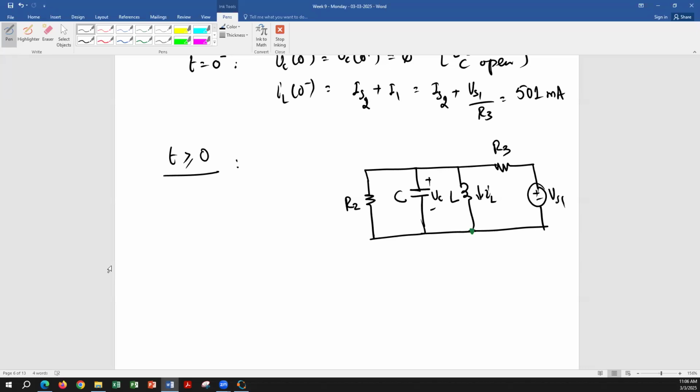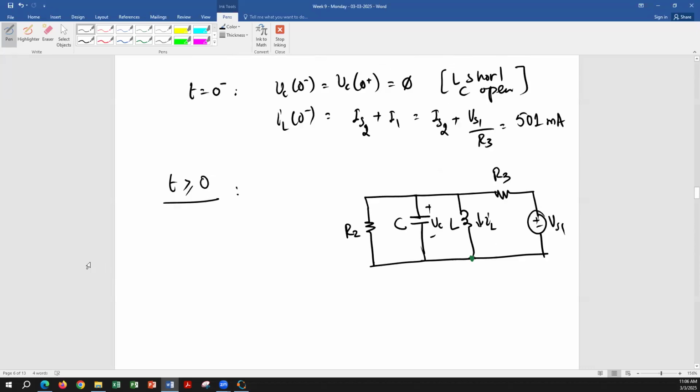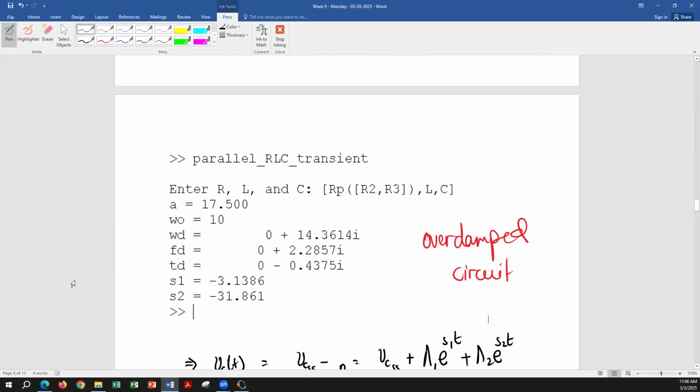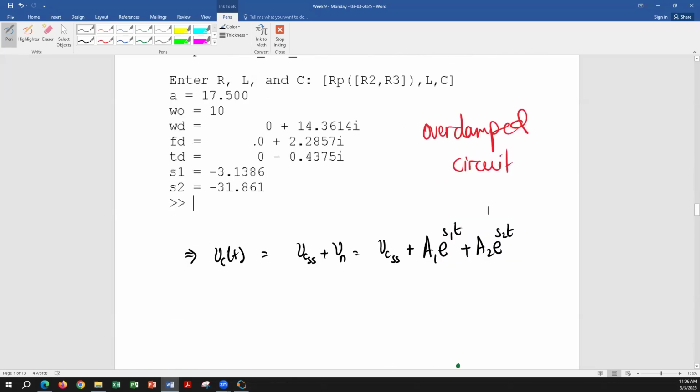Steady state value means the capacitor is open, the inductor is short. Inductor short means the capacitor voltage is going to be 0. We just did that in the same problem.